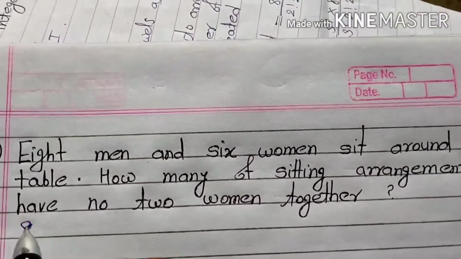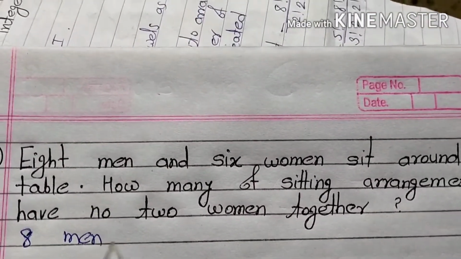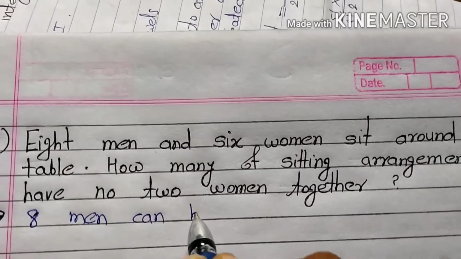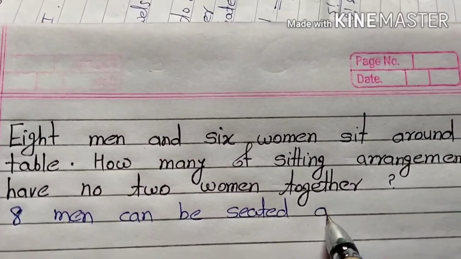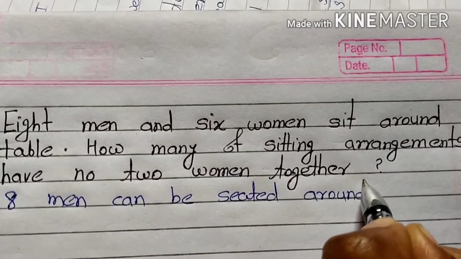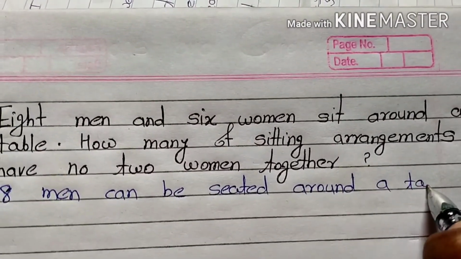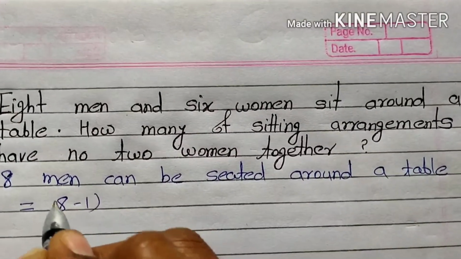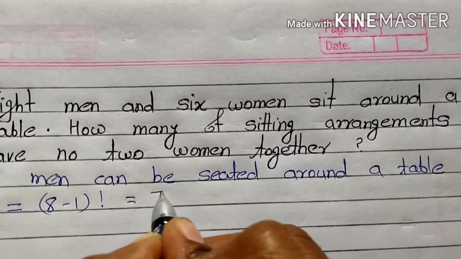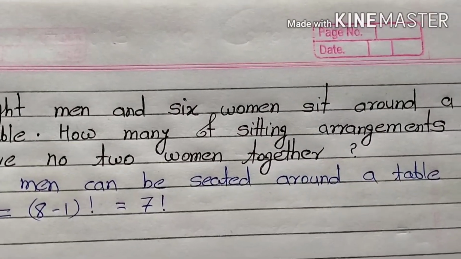8 men can be seated around a table, which is equal to 8 minus 1 factorial, which is equal to 7 factorial.